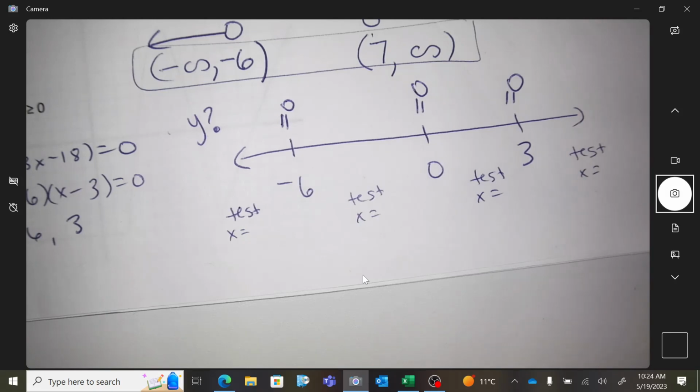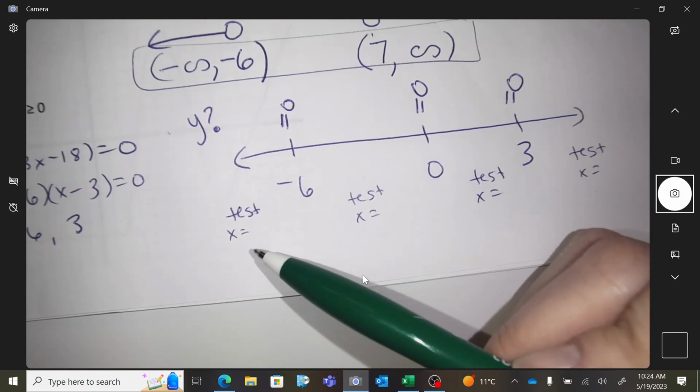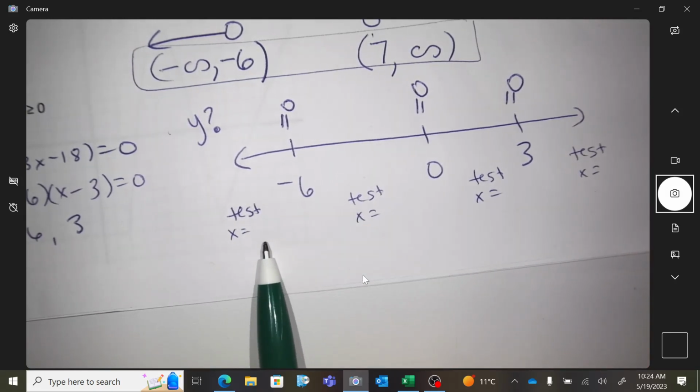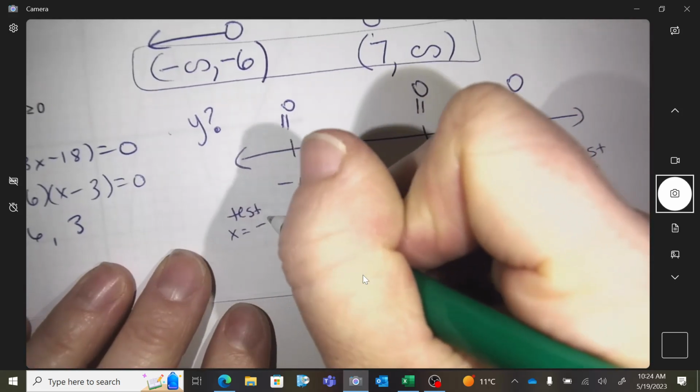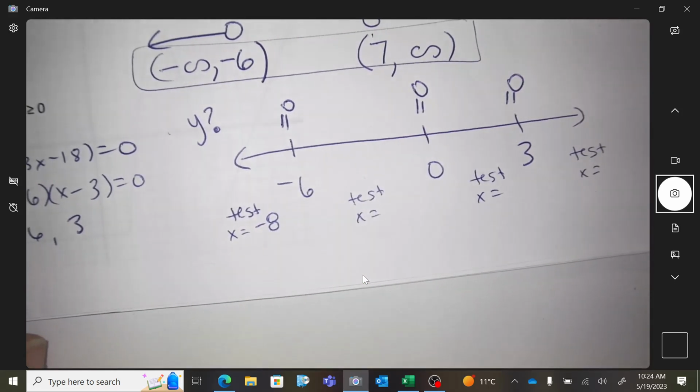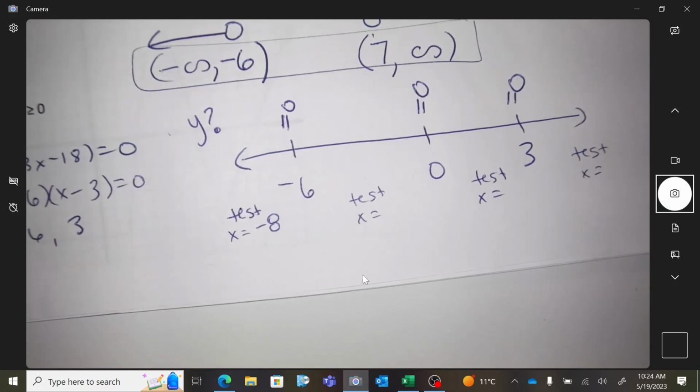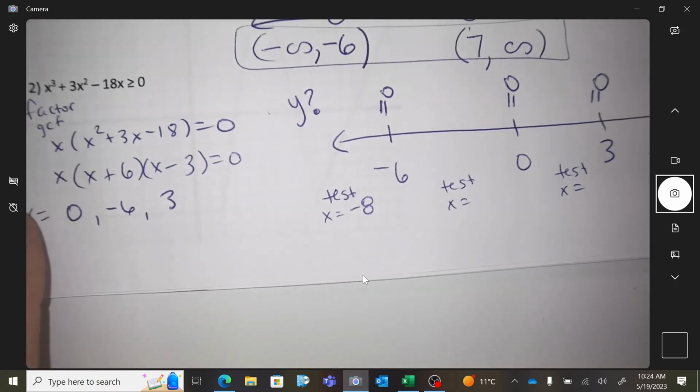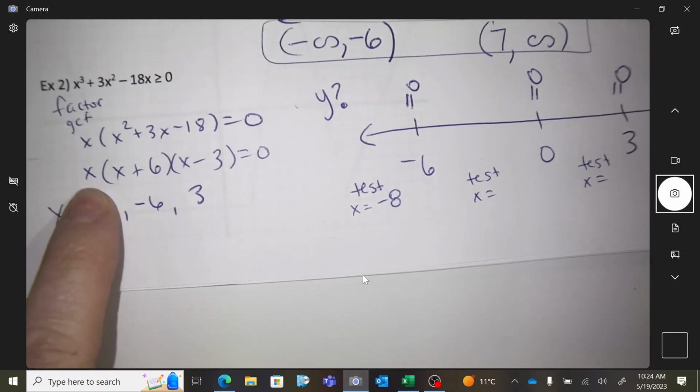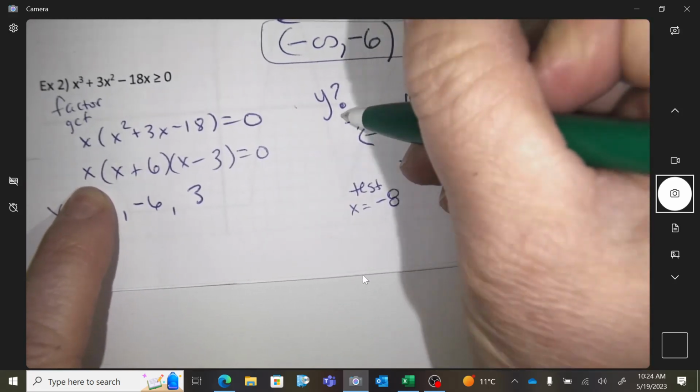Okay, so give me a number you would plug in here. -8. Okay, I need to plug it into 3 multipliers. So if this first bracket was -8, that's just negative.